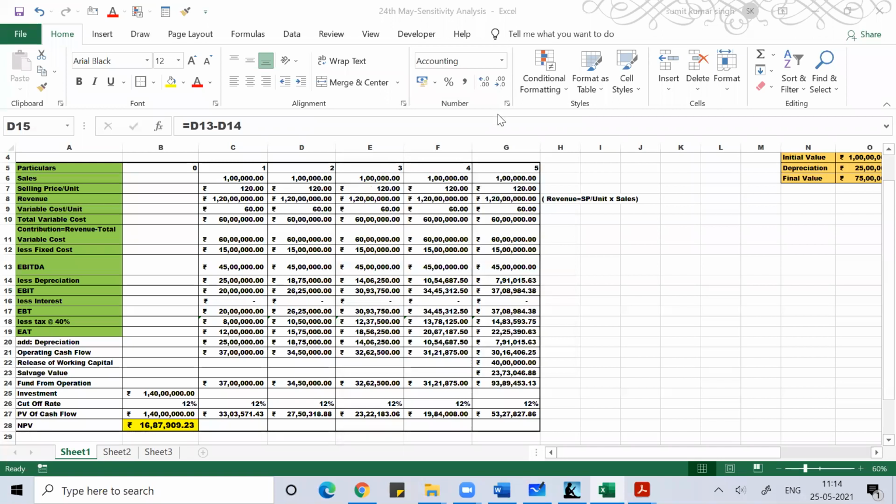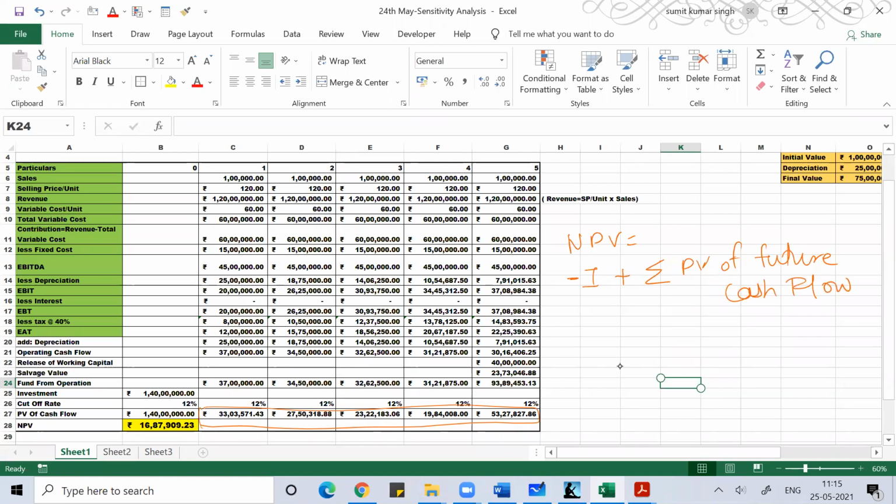Last step, Mohan, is this. You got this cash flow, no, Mohan? These all are the cash flow. What is the NPV formula, Mohan? Your NPV formula is minus initial investment plus sum of present value of your future cash flow. So these were your future cash flows.